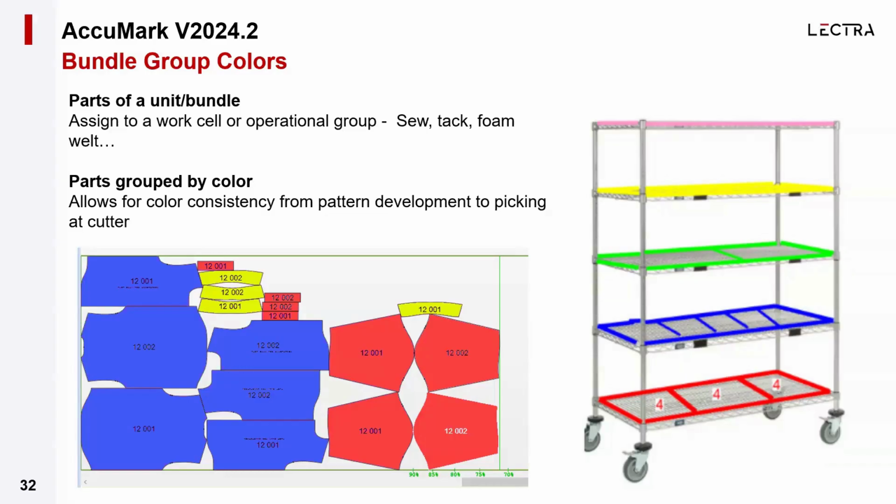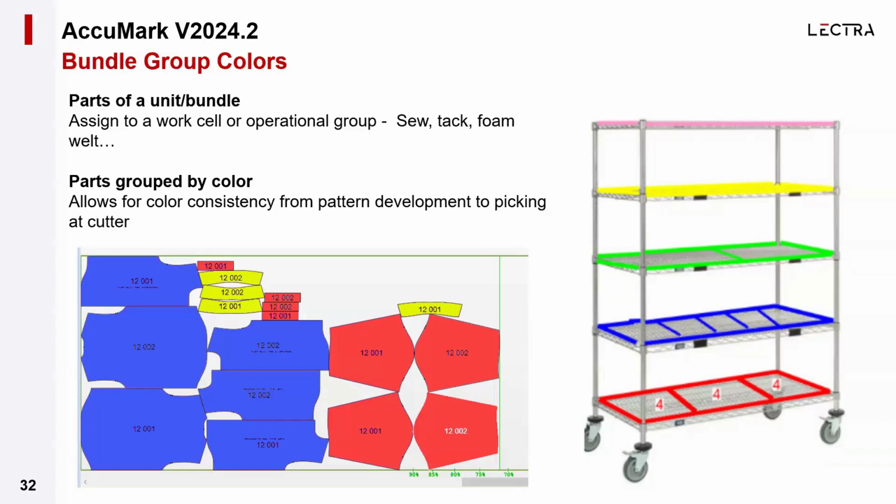We have this example of a work cart. Maybe you have these pieces that you want to put together all the way from the time you create the model through marker making into the cutting room, and then maybe from the cutting room into picking up off the cutter, putting them onto a work cart, and then sending them out into the production floor for some sort of special operation.